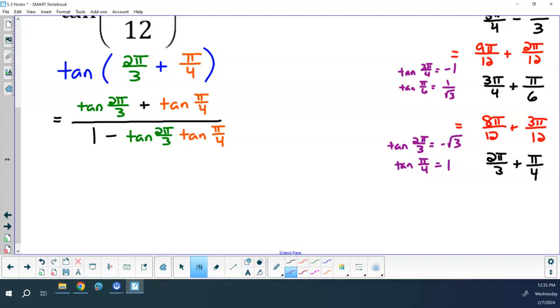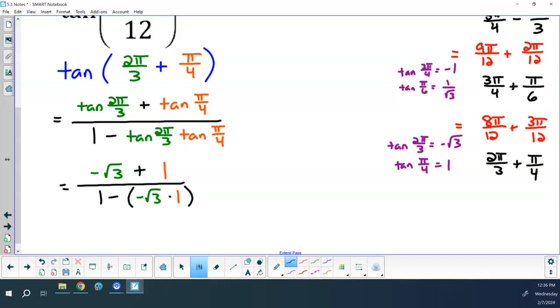Okay. So tangent at 2 pi over 3 is negative square root of 3 plus tangent at pi over 4 is 1, all over 1 minus tangent of 2 pi over 3 is negative square root of 3. Tangent at pi over 4 is 1.